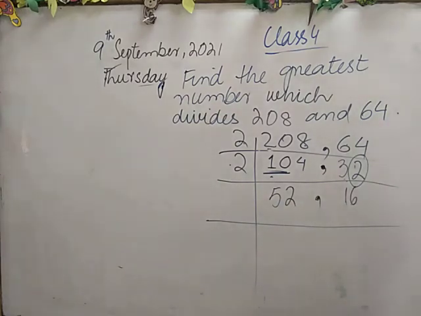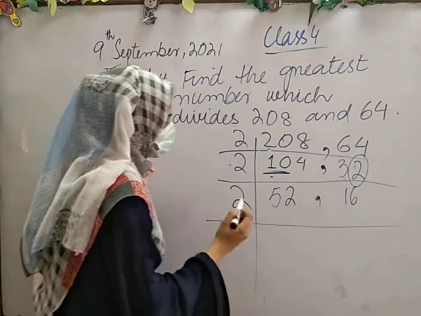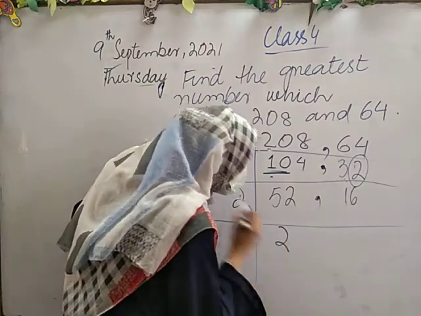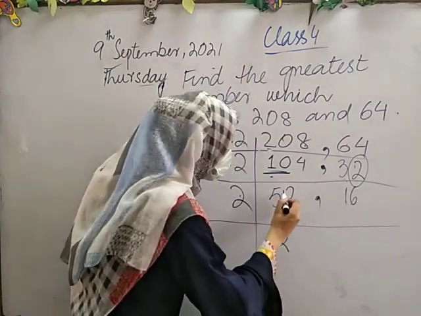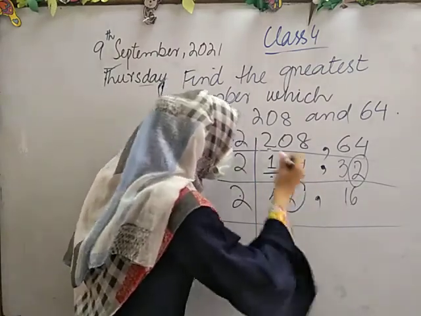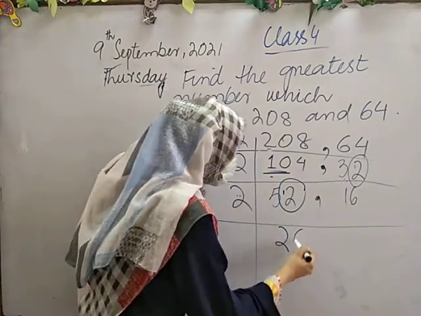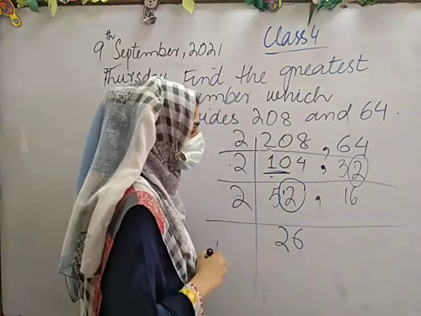Now, if you look, both numbers have unit places 2 and 6. Again, we will apply the divisibility rule for number 2 because the first number is 2 at unit place and the second is 6. 2 times 4. 1 we will shift here. 2 6 times 12.